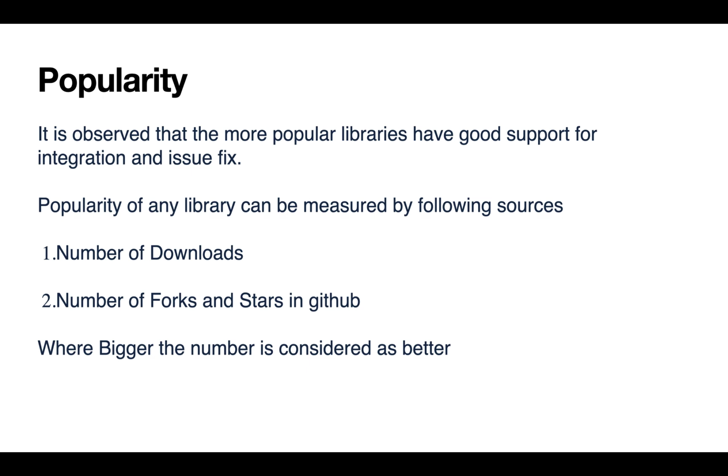By the number of downloads or usage of the library, and the number of forks and stars on GitHub, where a bigger number is considered better. Generally, it is preferred that popular libraries are accepted for any development.